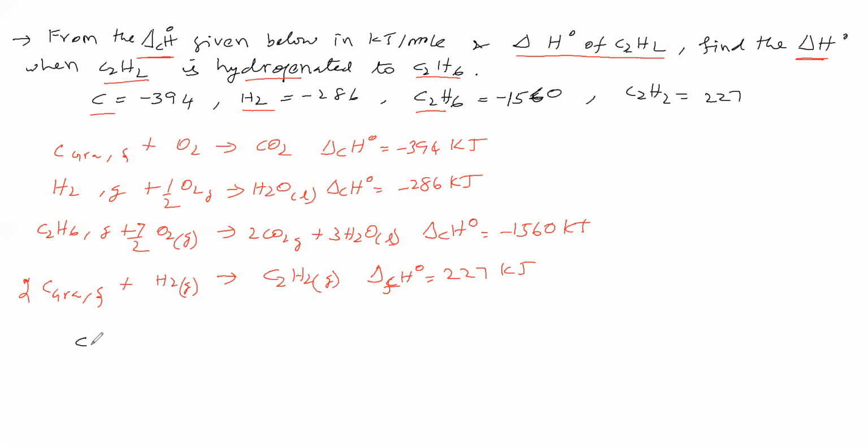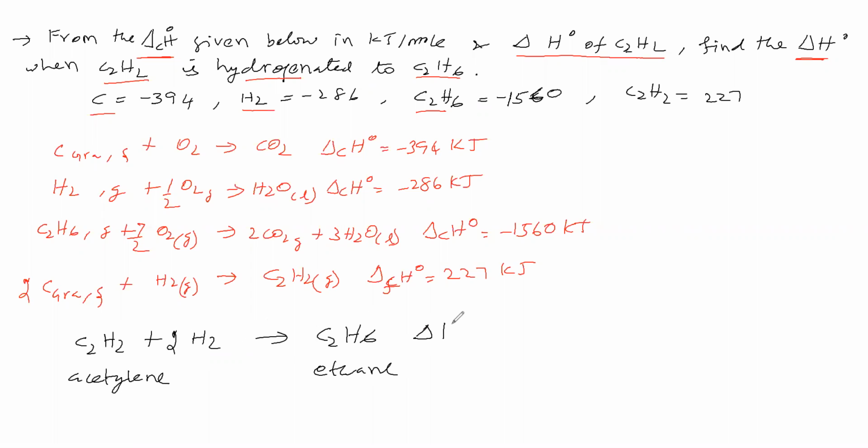So acetylene plus hydrogen gives ethane. Ethane formula is C2H6. Acetylene formula C2H2 is combining with hydrogen to give ethane. Ethane contains 6 hydrogens, therefore you take 2H2.